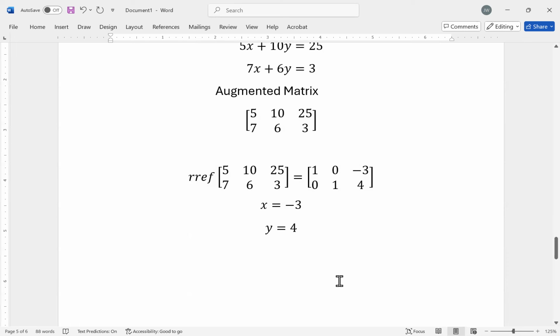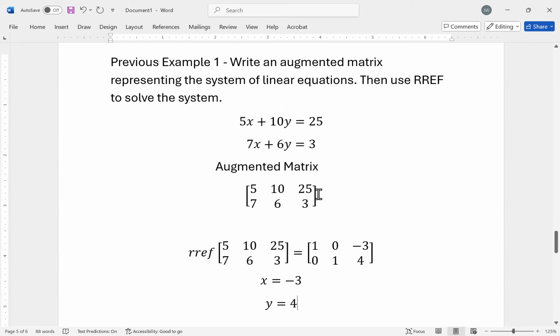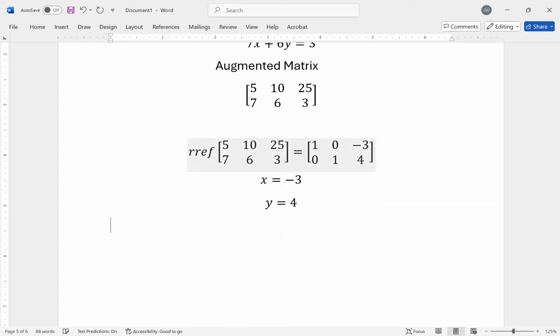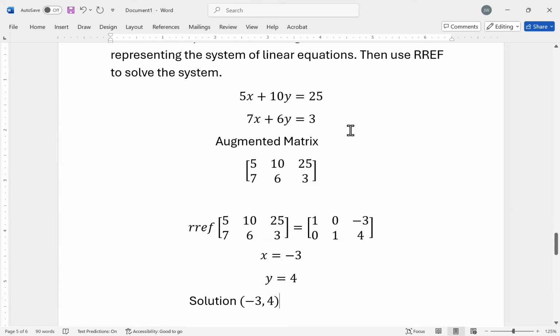And that's my solution. My solution to this system of linear equations is when x is -3 and when y is equal to 4. We can write that as an ordered pair if we'd like. You don't have to, but that's the solution to this system.